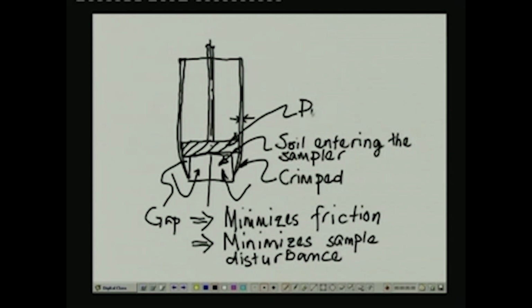So, this is a piston that prevents the soil from outside of the sampler cross section from getting within the sampler during insertion, and that in turn minimizes the disturbance. So, disturbance is minimized by having a piston as well.